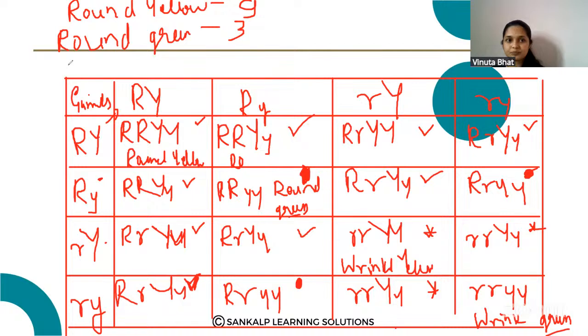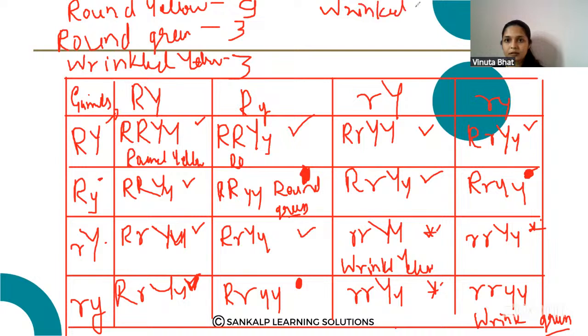Next one, wrinkled yellow color. Wrinkled yellow color means small r will be there in their combination. Small r will be there, but capital Y. So here just see the star mark. 1, 2, 3 plants. Okay. Then small r and small y, they are wrinkled green plants.